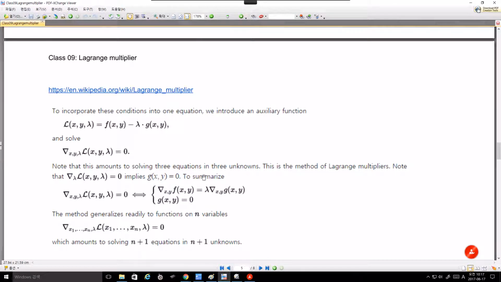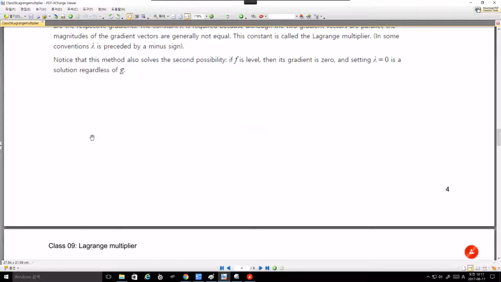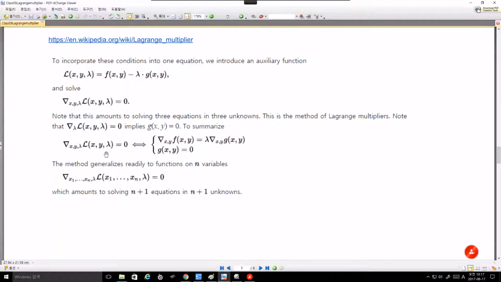So to summarize, ∇L = 0 is the same as ∇f = λ∇g plus this constraint. So now, instead of looking for this separately, we have a more compact, convenient notation.